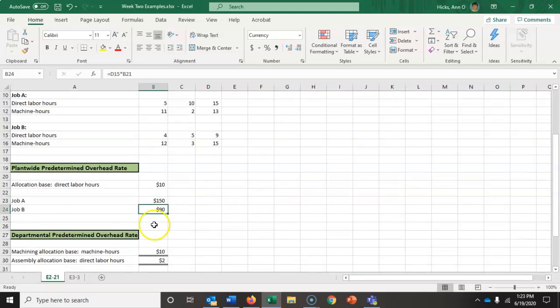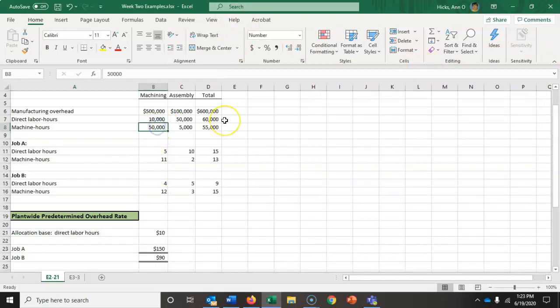Now, let's say instead that we believe in the machining department, machine hours are a better cost driver allocation base for manufacturing overhead, because most likely, if we're in the machining department, the majority of the manufacturing overhead is related to the operation of the machines.